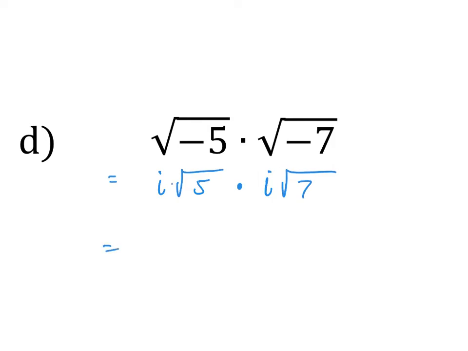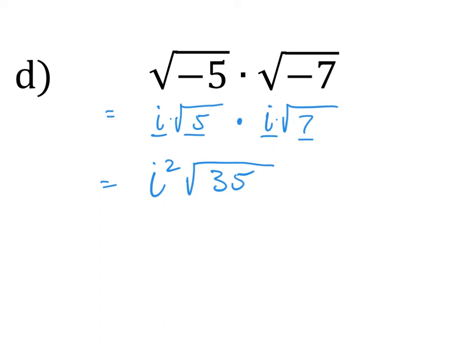And now we can multiply the i's together. That's i squared. And then square root of 5 times the square root of 7 is the square root of 35. And we see what happens is we end up with i squared is negative 1 times the square root of 35. Or negative square root of 35. That's it.